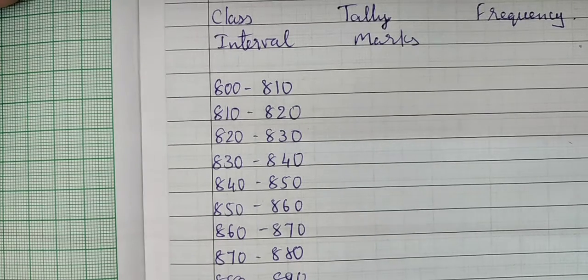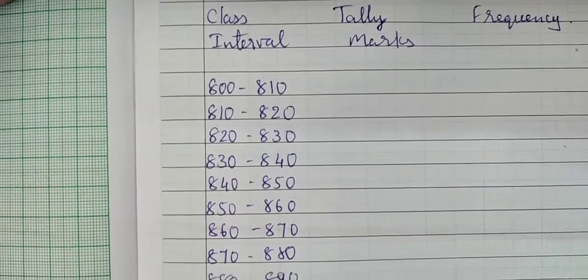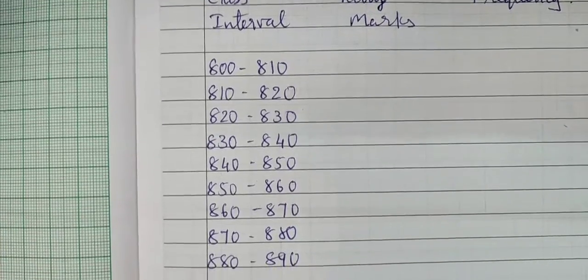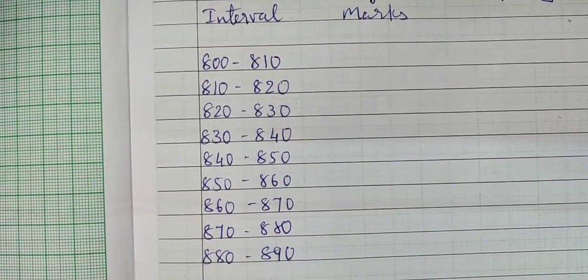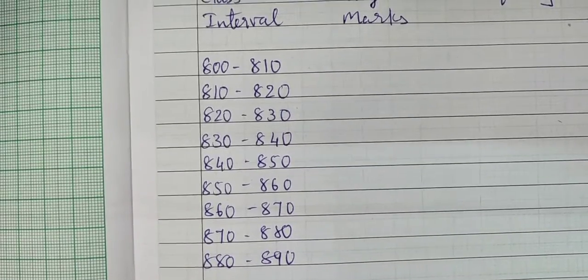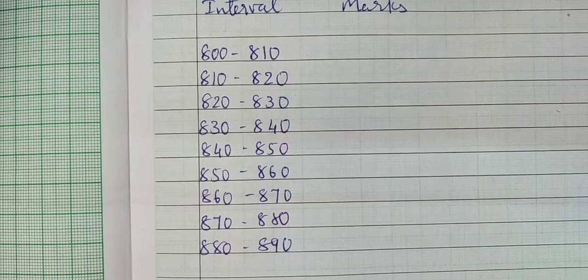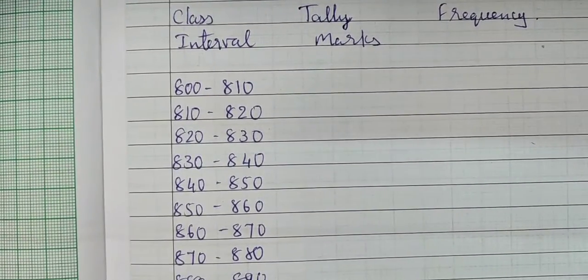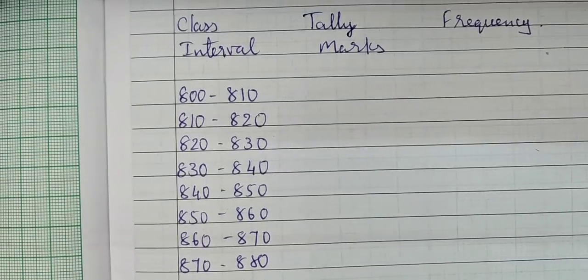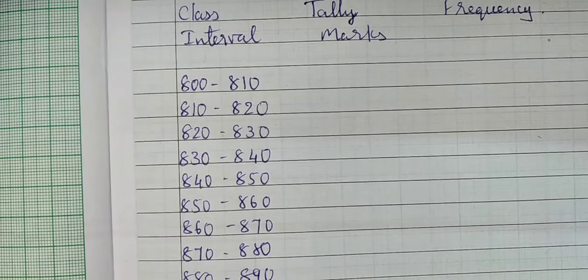You can see here I have prepared the table, and the class interval of the wages of the workers I have taken as it is given in the question, 800 to 810 till 890 I have gone. I have prepared the class interval. Now we will see how to take the tally marks when class interval is given to you.